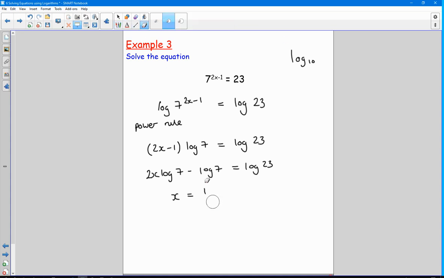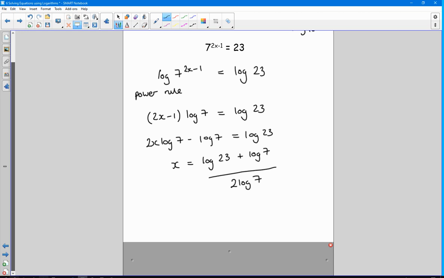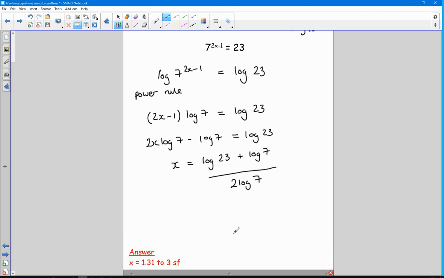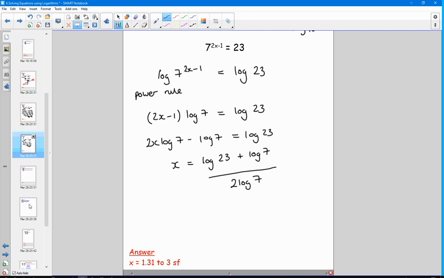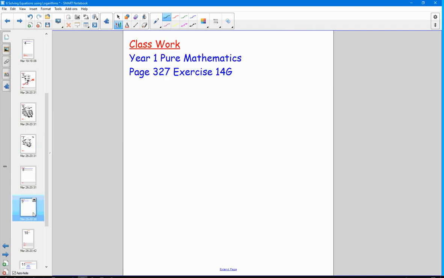So I get x is equal to log 23 plus log 7, all divided by 2 log 7. So again, if you want to put that through your calculator, you can work out that x is 1.31 to 3 significant figures. So we're now in a position to have a look at exercise 14G in the Year 1 book.